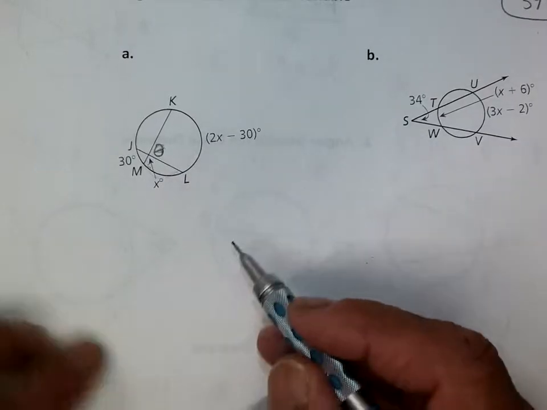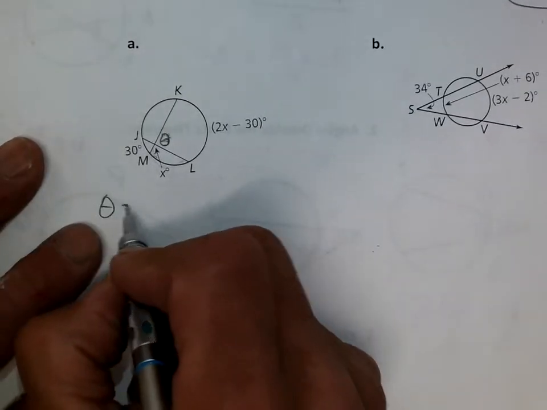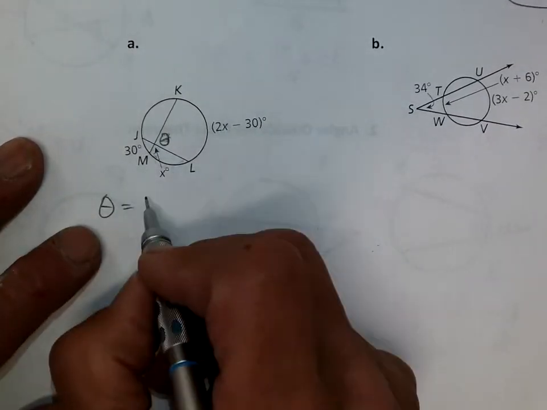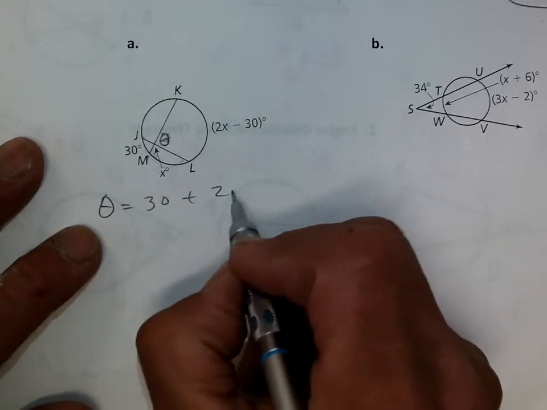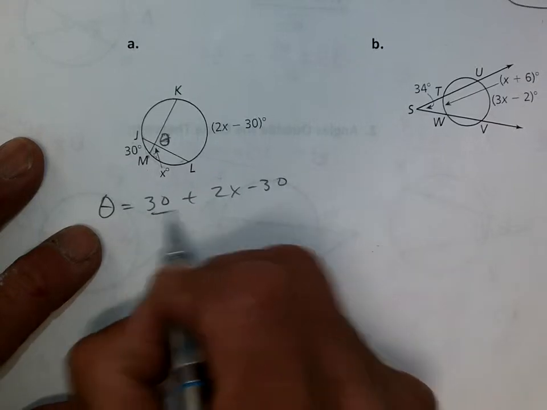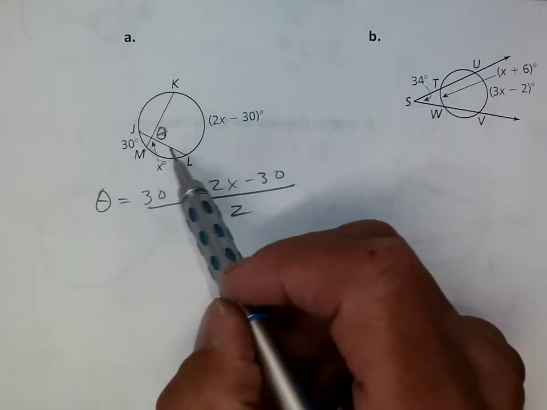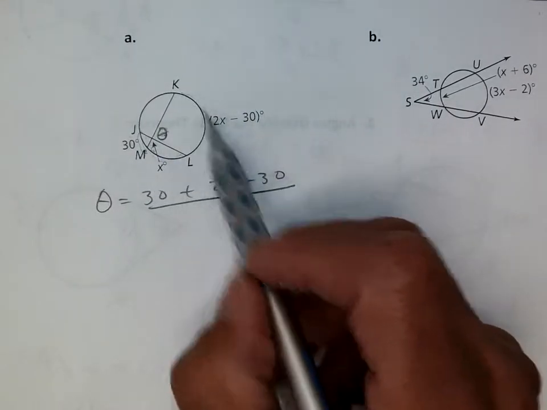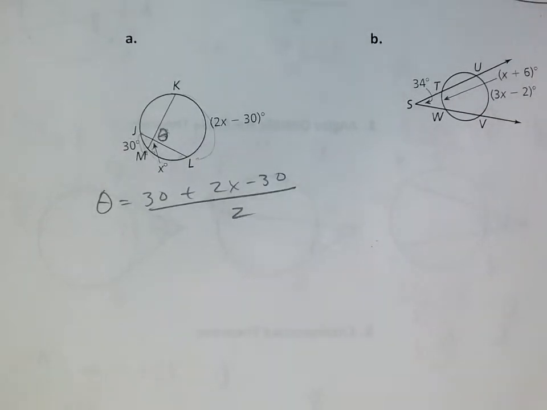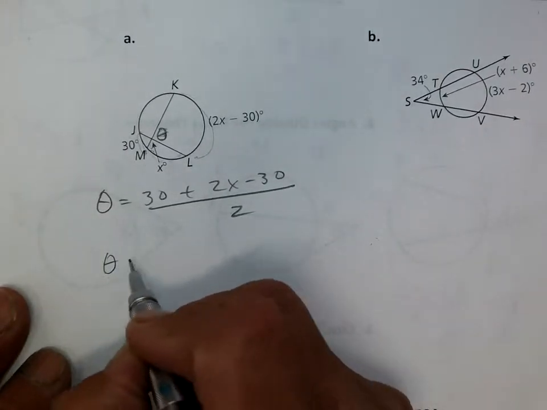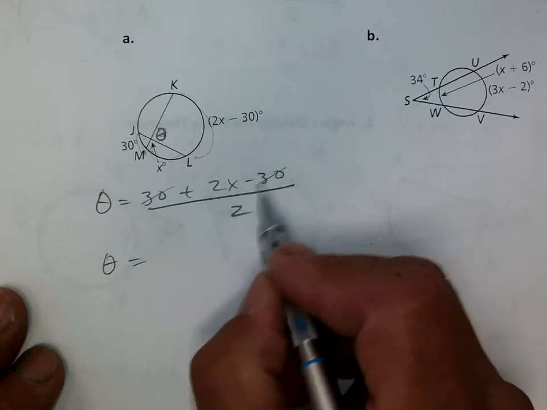So, theta, let's go through it. Theta is equal to one arc plus the other arc divided by 2, okay? So theta is this arc plus this arc divided by 2, right? So then, if I keep going, theta is equal to, let's see, that cancels that.